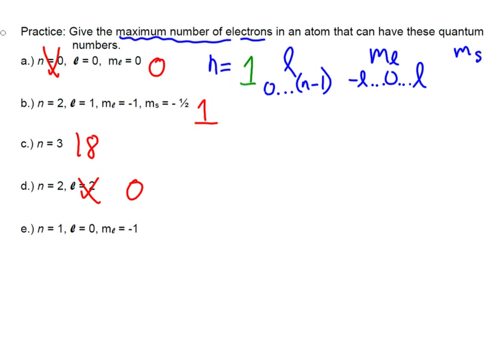For E, n of 1, your L's would be 0, and your ML would be 0. Not possible to have an M sub L of -1 in this scenario, so invalid, 0 electrons.